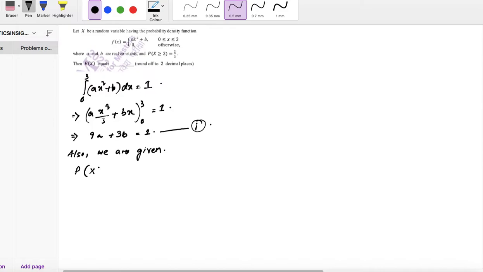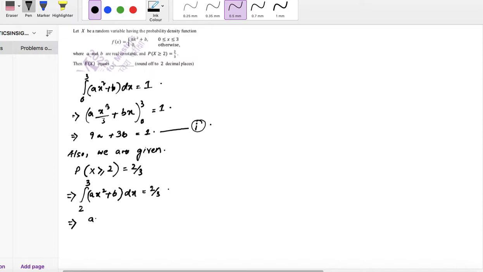And we are given probability of x greater than or equals to 2 is equal to 2 by 3. Let's compute the probability. The lower limit is 2, and the upper limit of x is 3, right? Then the PDF of x, that is equal to 2 by 3.